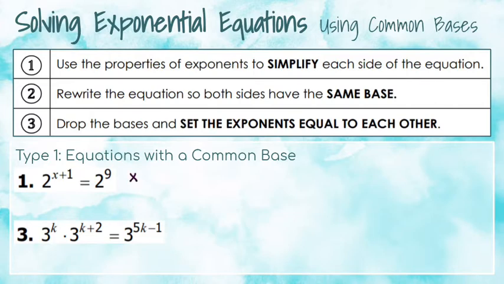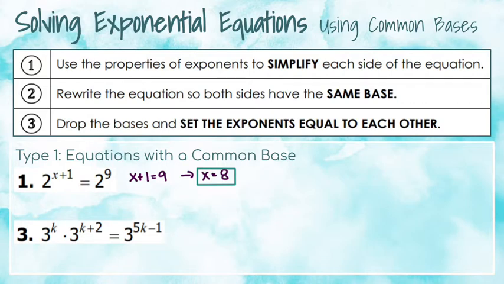And these exponents have to equal each other. So if we know that x plus 1 equals 9, then x must equal 8. And that's it. That is the solution to this exponential equation.